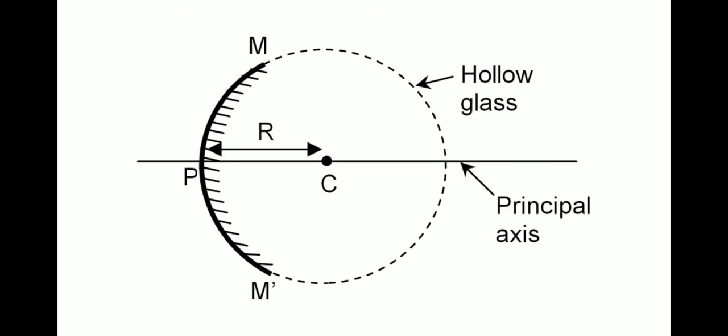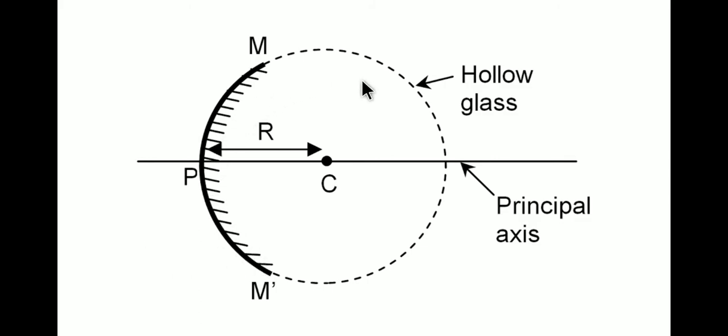Here there are a few terms that you need to remember. As I've said earlier, this is the sphere, and this portion is cut out and painted from inside. So this looks like a convex mirror. This portion is the reflecting surface.